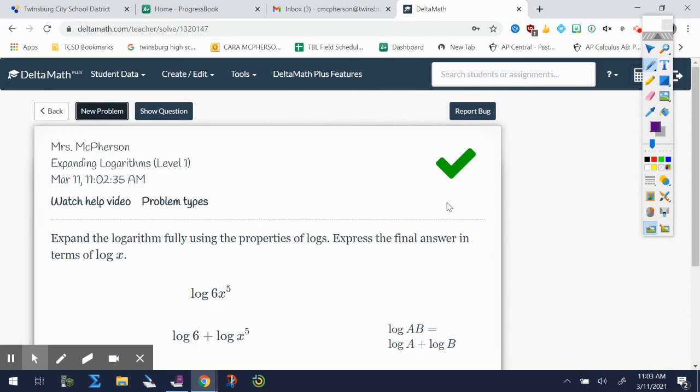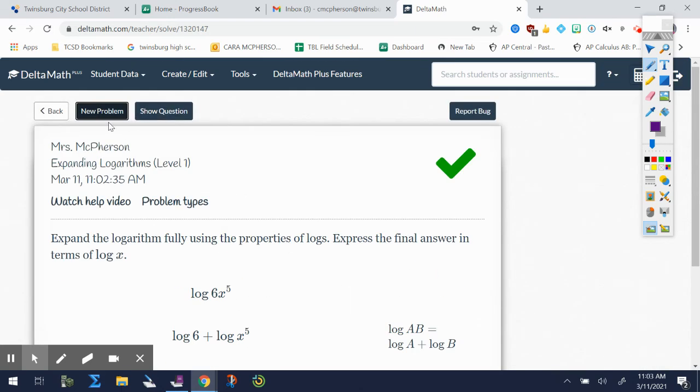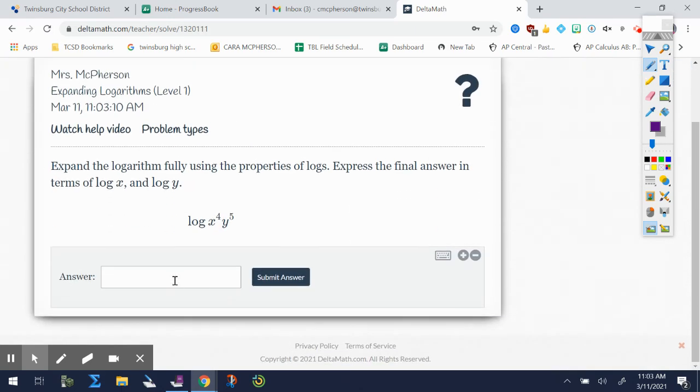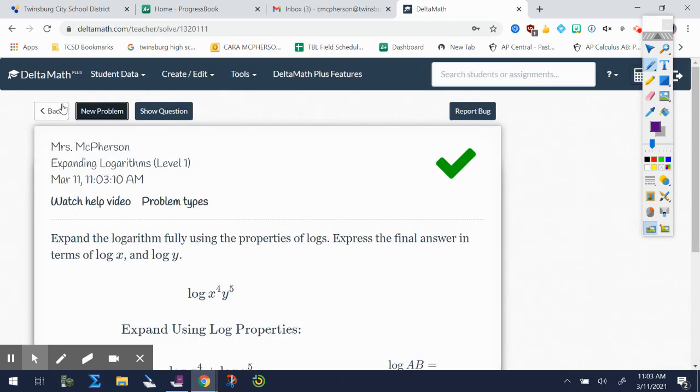And it will show you in multiple steps if you need it. So it'll show the addition first, and then it'll show the power in front. If it's all being multiplied, it's all going to be pulled apart with addition. So we're going to have 4 log of x plus 5 log of y. So pulling it apart with addition and power rules.